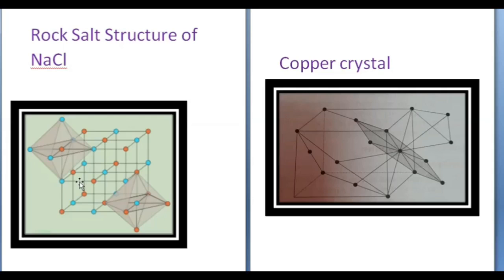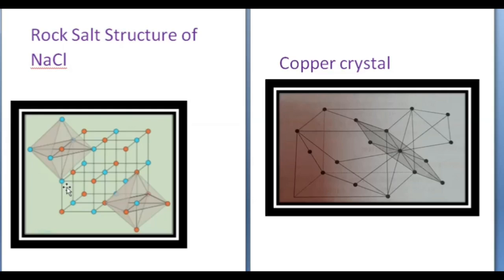Second, sodium ions occupy octahedral sites. They are present at the edge center and the body center. This arrangement is body centered. So chloride ions are FCC, face centered, and sodium ions are body centered. Third point is each sodium ion is surrounded by 6 chloride ions. If the orange one is sodium, then you see it is surrounded by 6 blue.